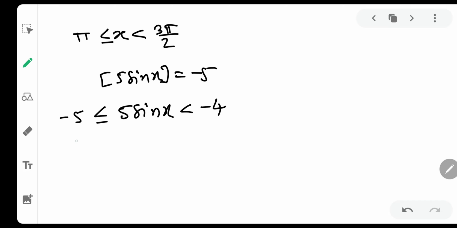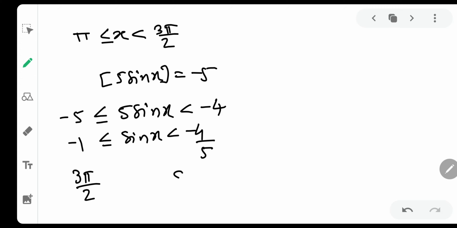Okay, so divide both sides by pi. We will get this equation. So sin x will be lying from minus 1 to minus 4 by 5. Now that is very easy. Minus 1 will be definitely what? It has to be 3 pi by 2. And minus 4 by 5 will be sine inverse of minus 4 by 5.